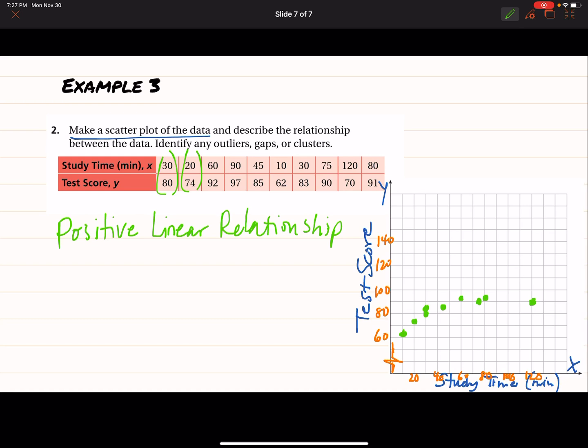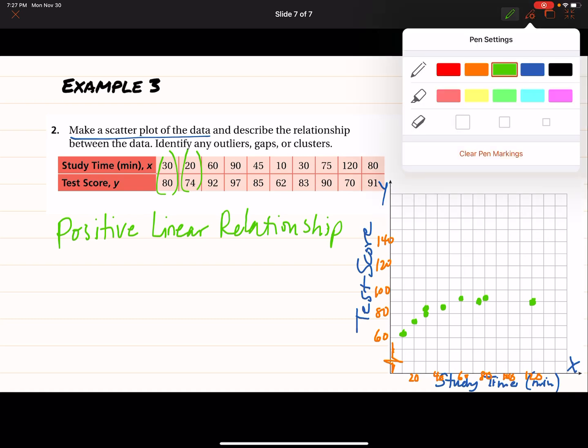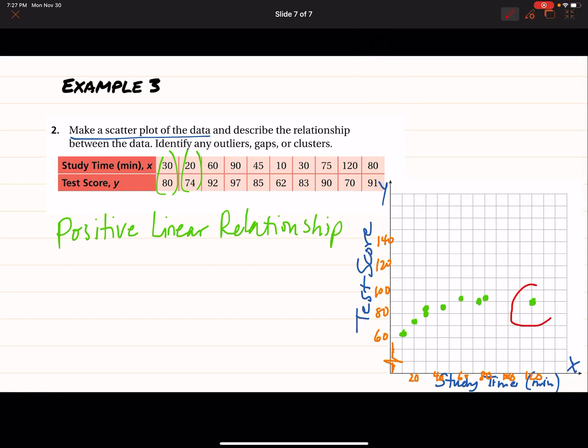Okay, now we're going to ask ourselves, identify any outliers, gaps, or clusters. Any outliers, gaps, or clusters. Okay, one thing that I noticed, there's not gaps or clusters, but we have a value right over here that's going to be considered an outlier.